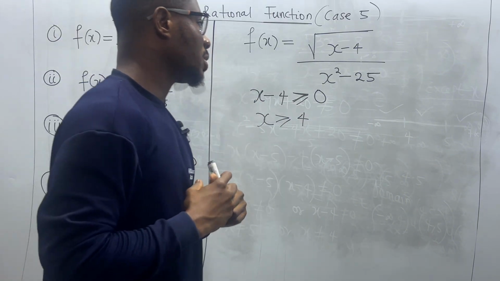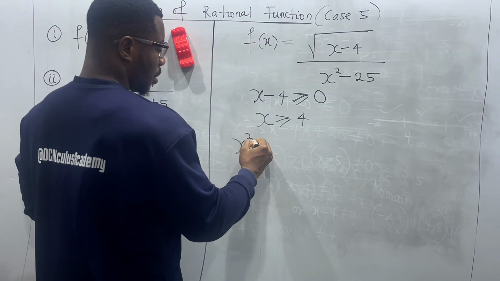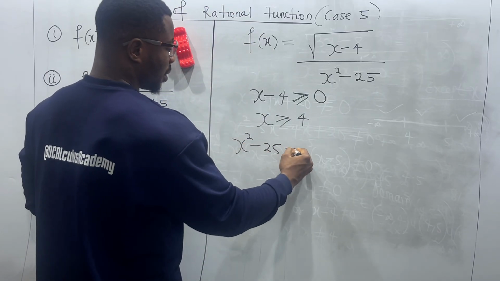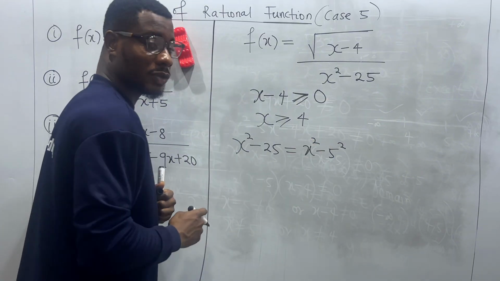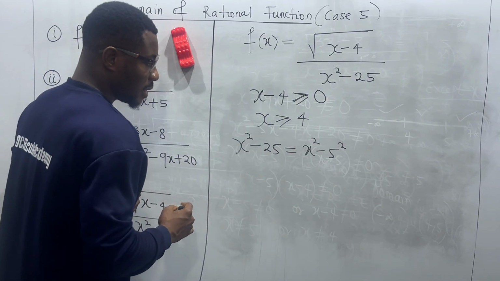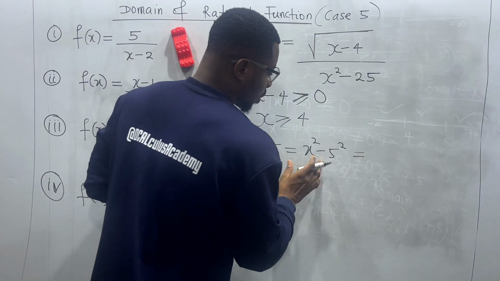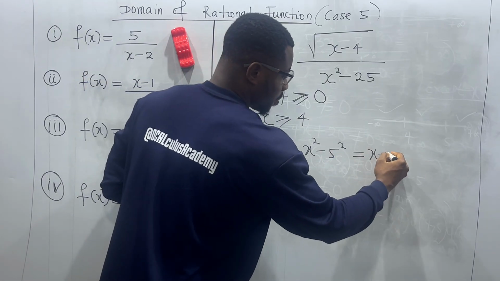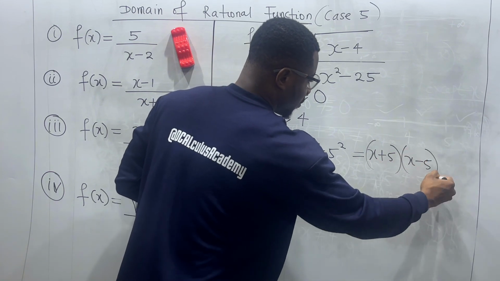However, let's go down to the denominator. For the denominator, remember that x squared minus 25 can be written as x squared minus 5 squared. This is a difference of two squares, which tells us that it is the same thing as x plus 5 into x minus 5.